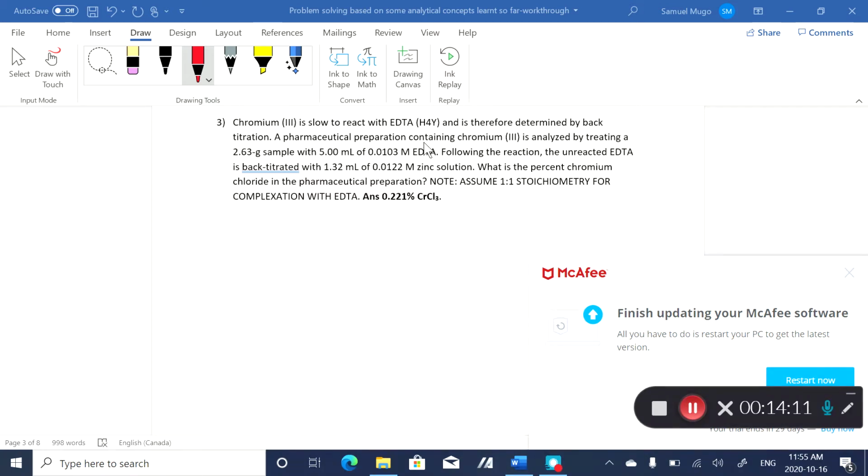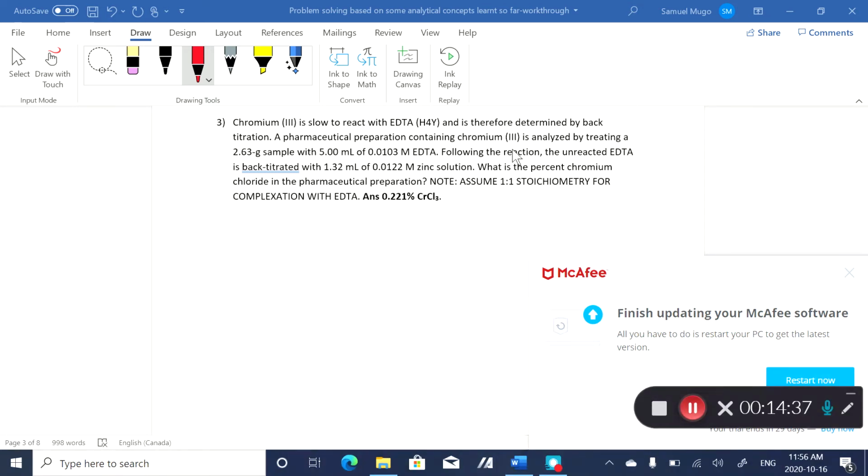So a pharmaceutical preparation containing chromium 3+ is analyzed by treating a sample. So the sample contains 2.63 grams, and it has chromium. And you're treating it with 5 ml of this concentration of EDTA. And after you mix it, you allow it to react.